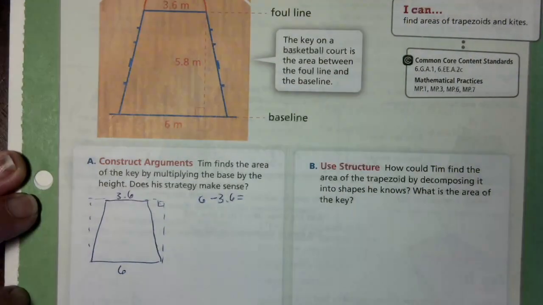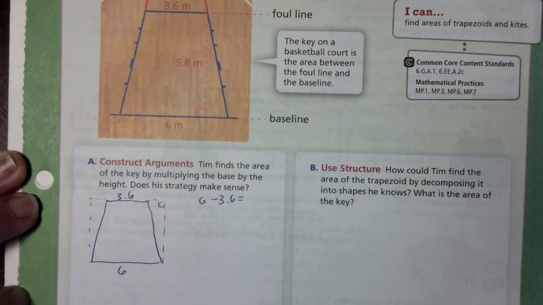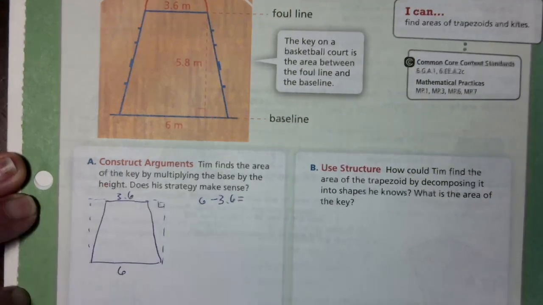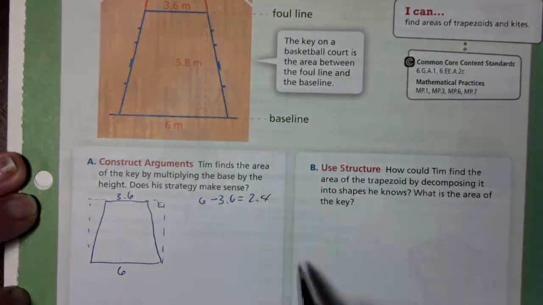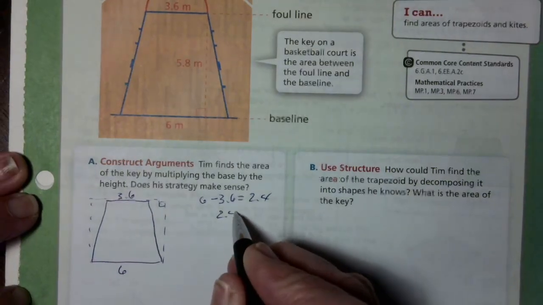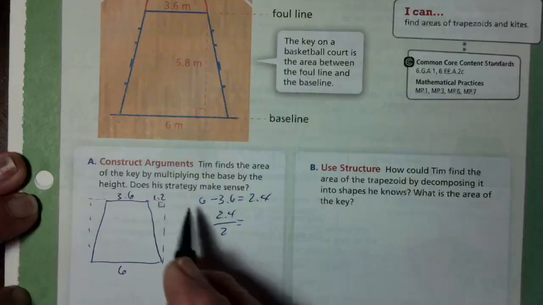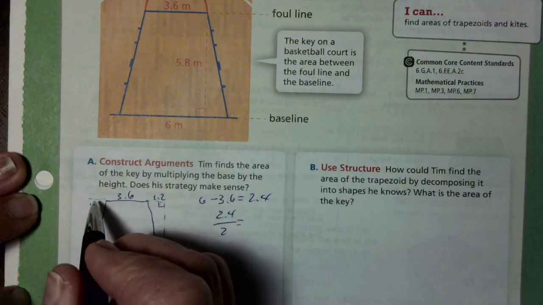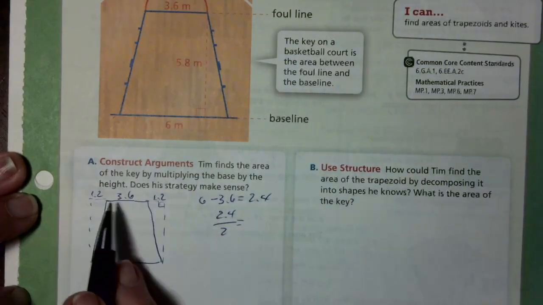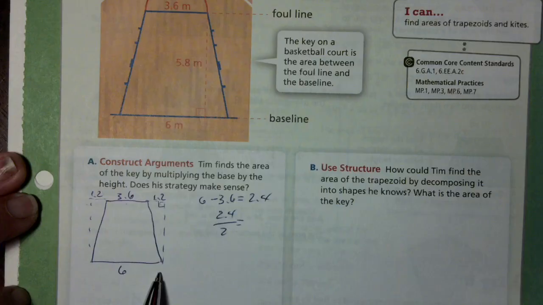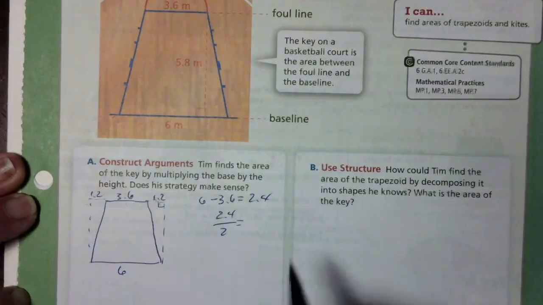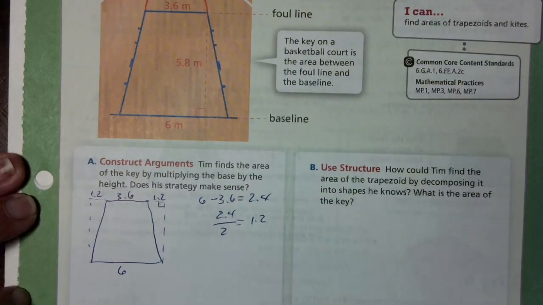Use your calculators. It should be 2.4. 6 minus 3.6 is 2.4. Now if I cut that in half, 2.4 cut in half, this is going to be a 1.2, this little dotted line. And this is going to be a 1.2 because all three of these numbers have to add up to 6. Okay, so there's where I got the 1.2.